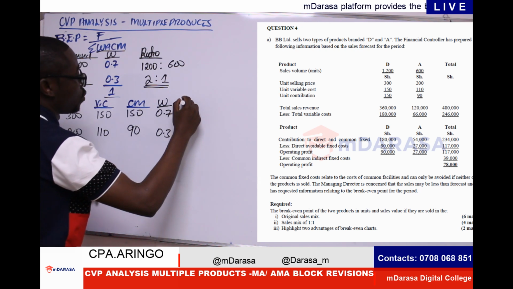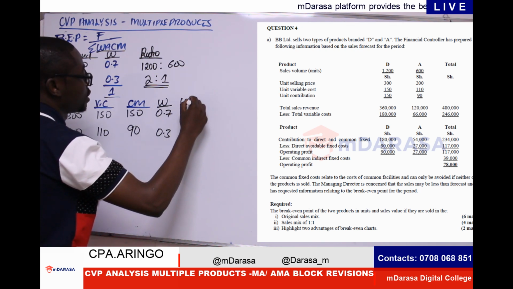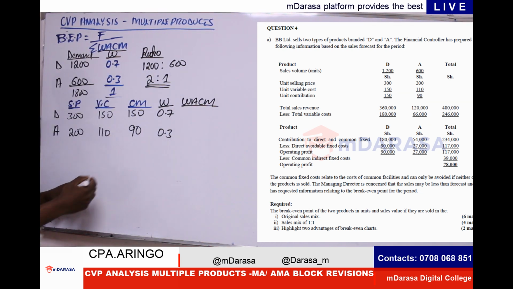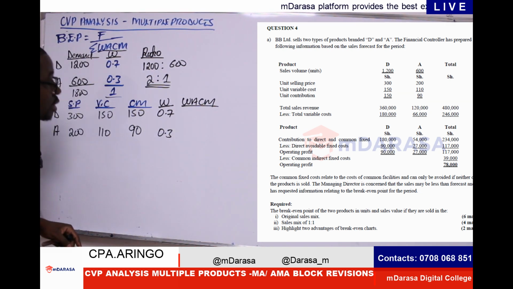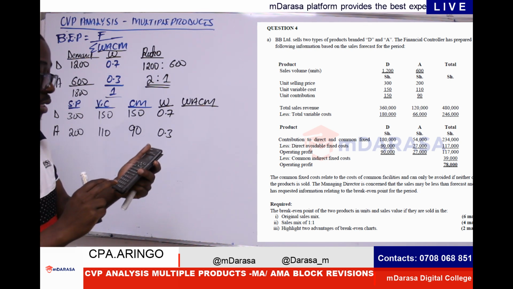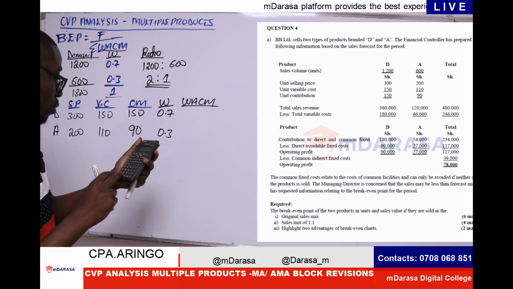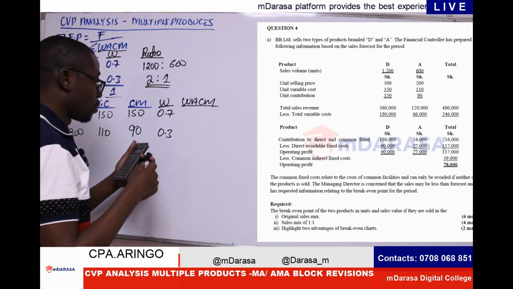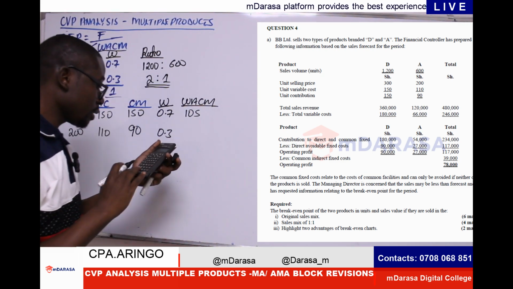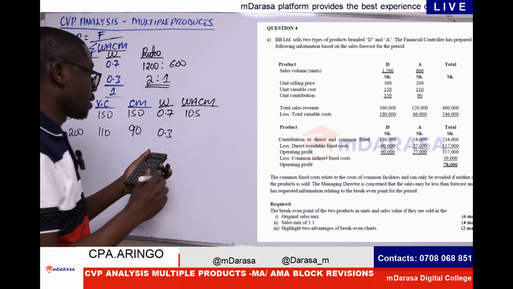So what is our weighted average contribution margin? That is my weight times our contribution margin. This will be easy because I'll be taking 150 for D times 0.7, which would give us 105, and 90 times 0.3, which would give us 27.